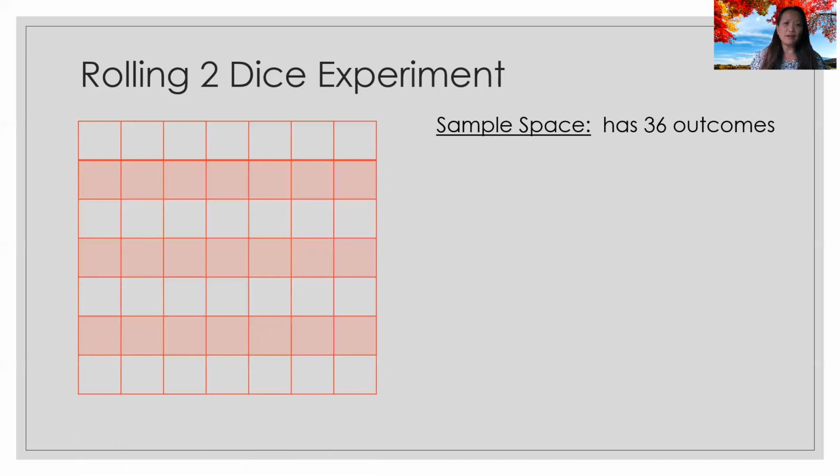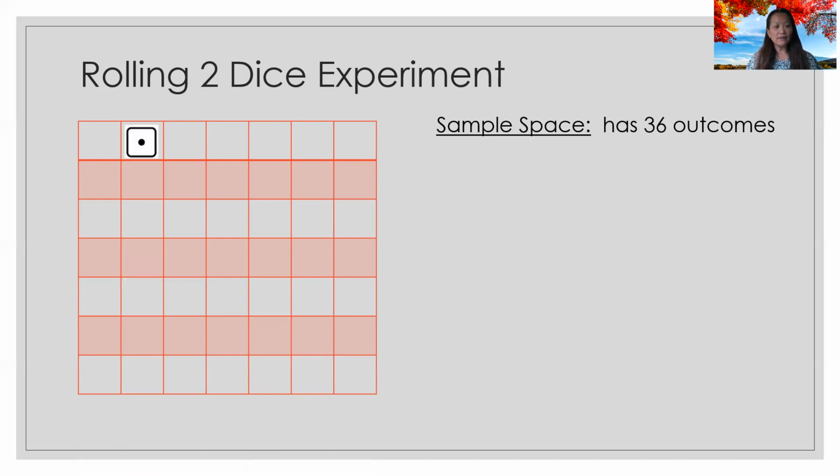So here's the experiment of rolling 2 dice. Okay, so think about 2, and I would say fair dice, no trick dice here, okay? So just fair dice, and we would assume then that all the outcomes are equally likely, meaning we are in theoretical probability. And how do I know that the sample space has 36 outcomes? Let's take a look.